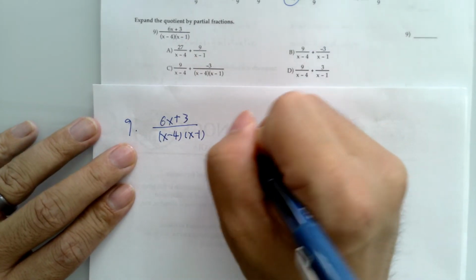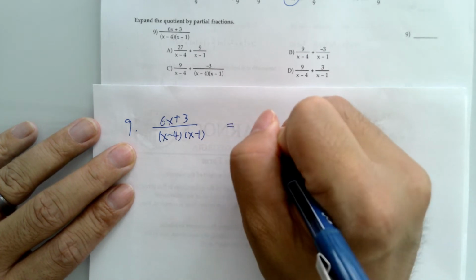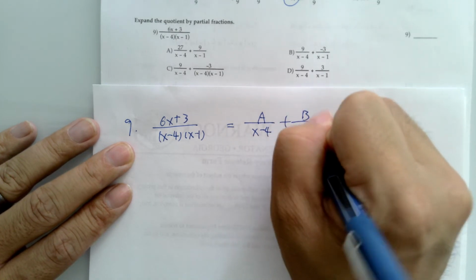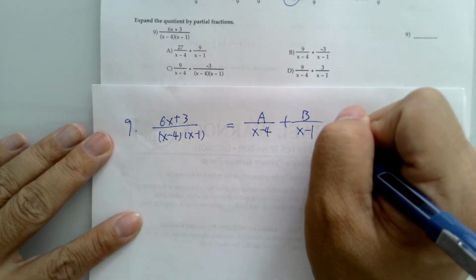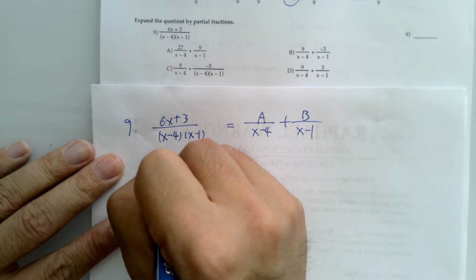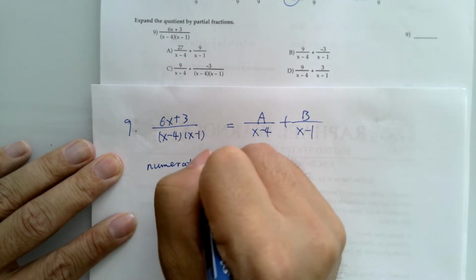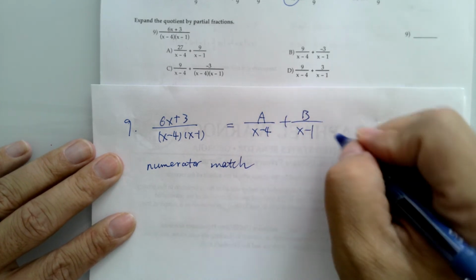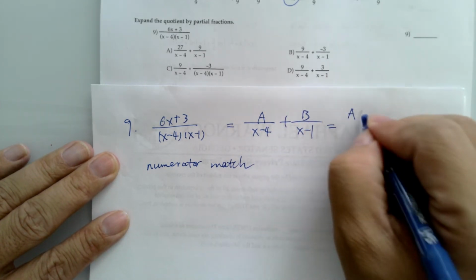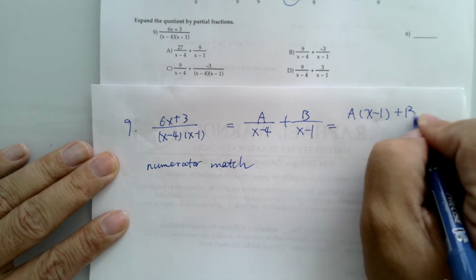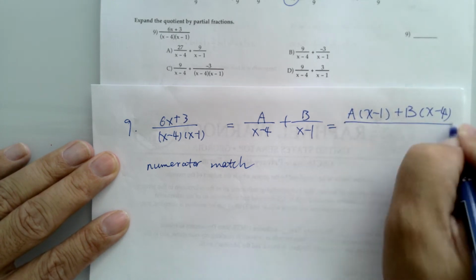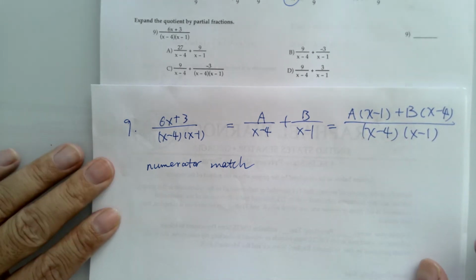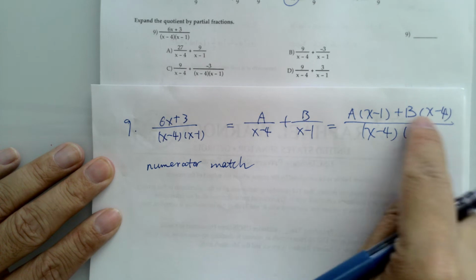When we do the partial fraction decomposition, you're going to see it's A over x minus 4 plus B over x minus 1. So for the numerator, if you let them have the same denominator, the numerators must match.